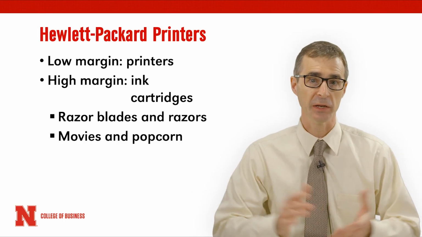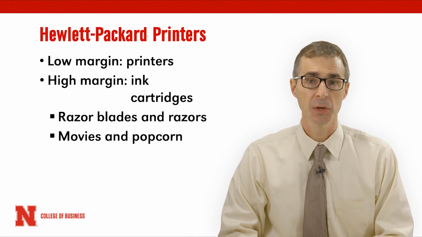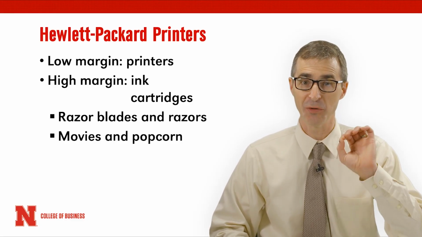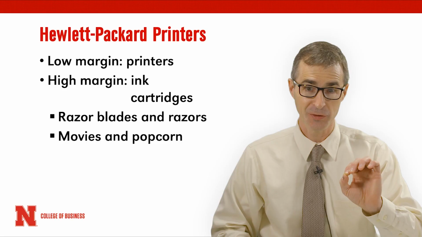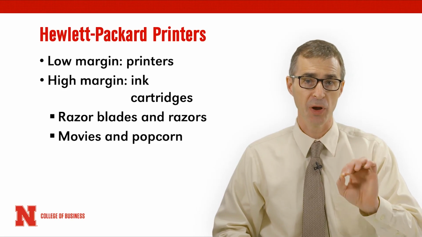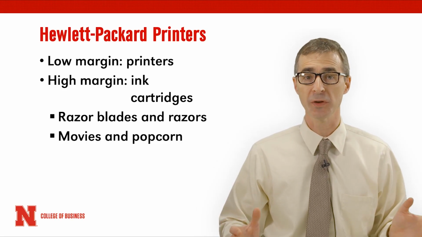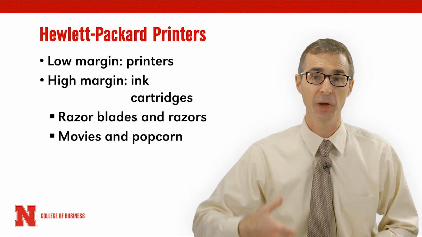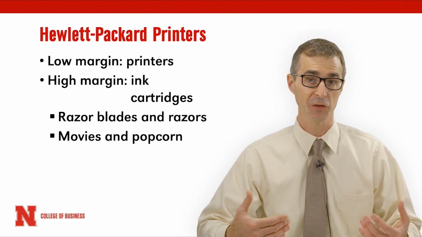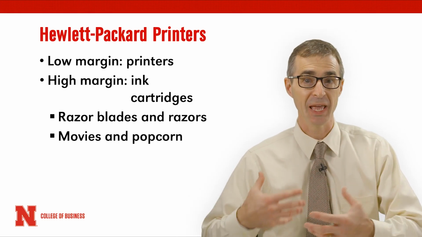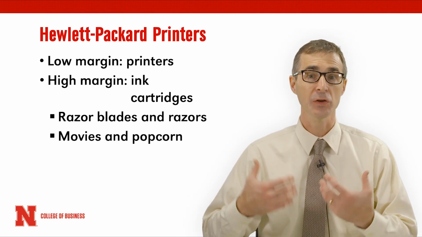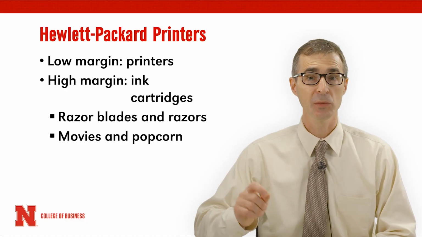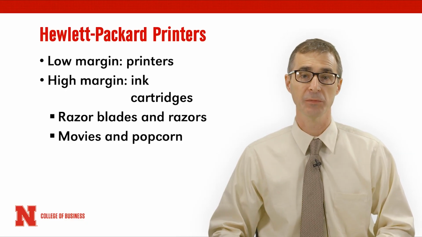The handle is practically given away for free, but the cartridges, which you use over and over, the more highly you value a good close shave, the more frequently you're going to buy new cartridges. Those cartridges are the high profit margin item. Movies and popcorn is another example. You pay once to get into the movie, but to the extent that you very much value the experience of seeing the movie and having some concessions, you'll buy more popcorn. And so the popcorn is sold at a very high margin, the movie ticket at a relatively low margin.